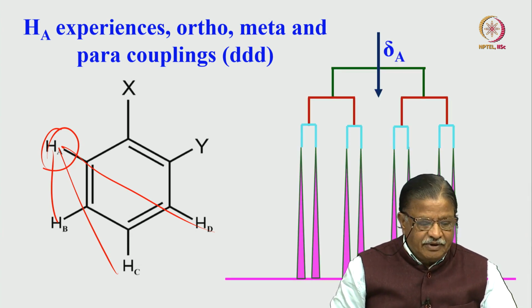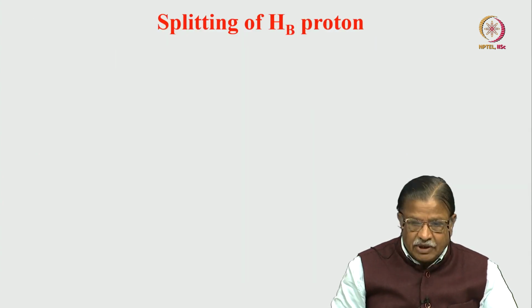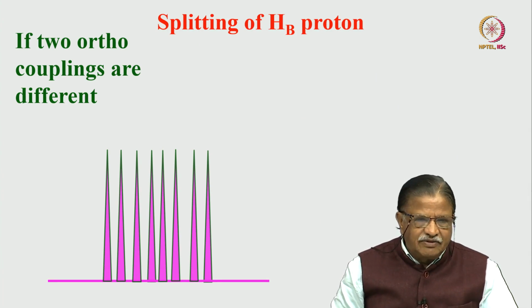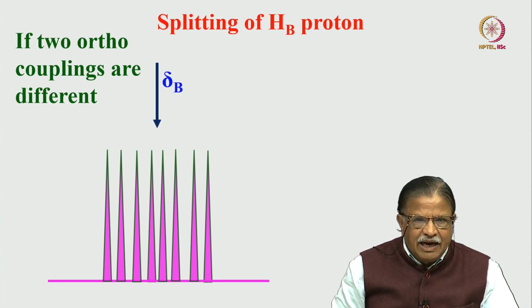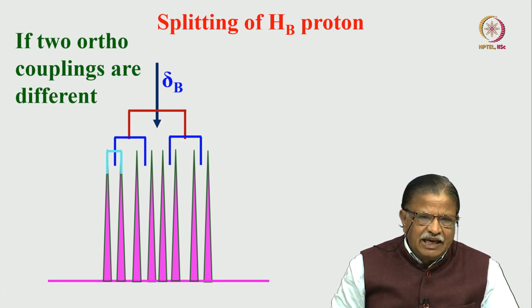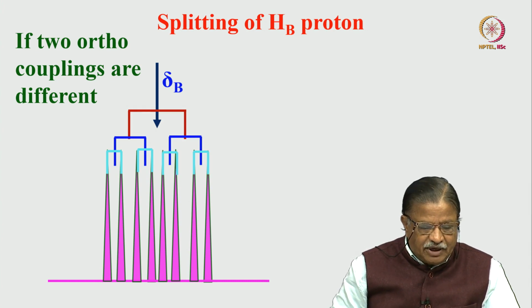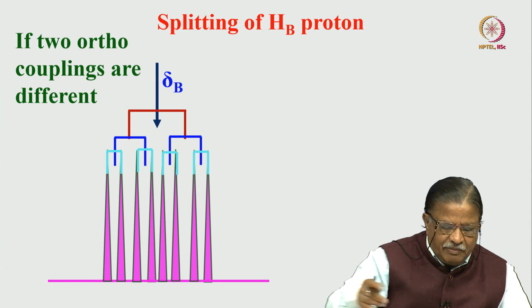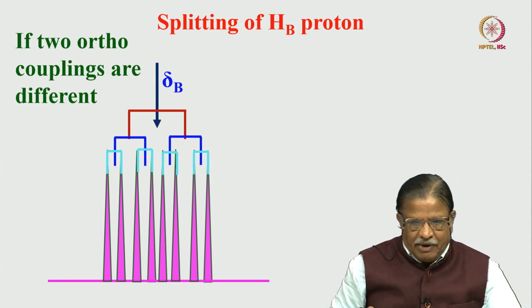We get 8 lines. Whereas if you look at proton B, it again has two ortho couplings which are different. As a consequence, you may get an 8-line pattern because it has two ortho couplings and a para coupling. This is the splitting pattern you are going to get. One ortho coupling splits it into a doublet, the other ortho coupling will split each of these into a doublet of doublets, then para will make it an 8-line pattern.